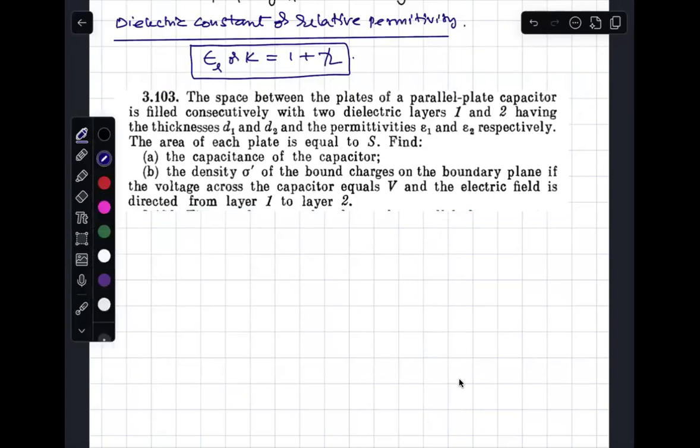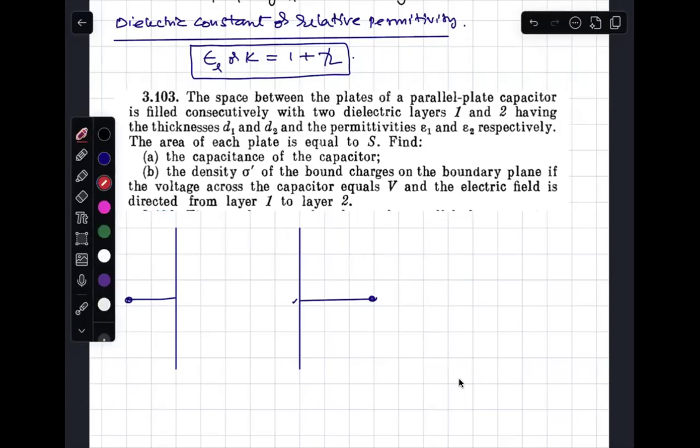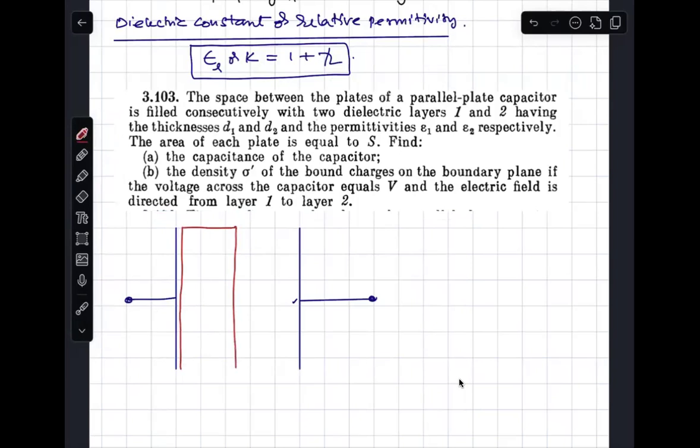First question you already know. This is what you have. K2, you can see that.